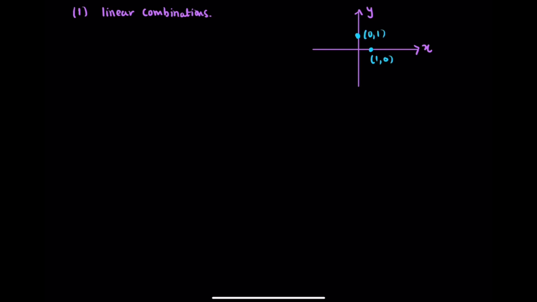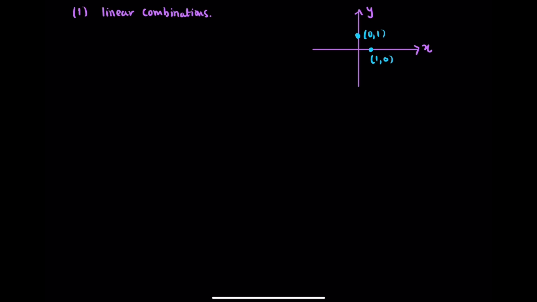And then what you did was, in order to span the entire vector space R2, you would have to have two vectors, and these two vectors could span R2 as long as they were not the zero vector and they were not scalar multiples of each other.